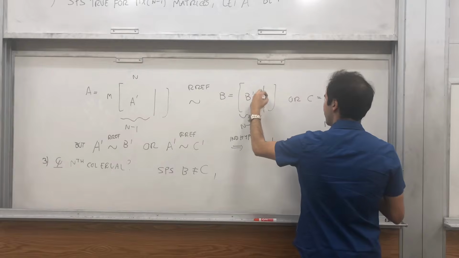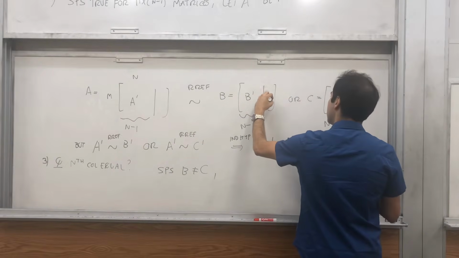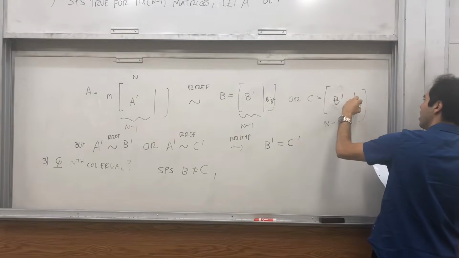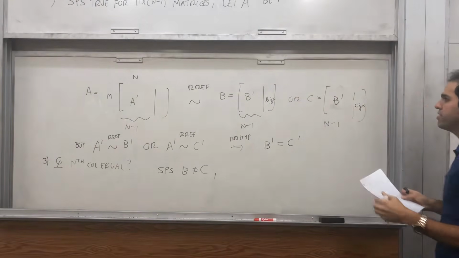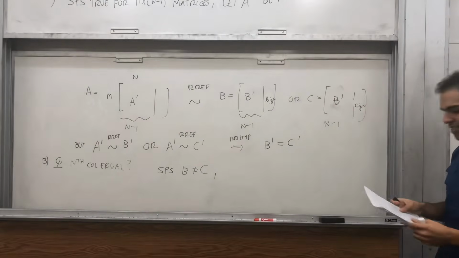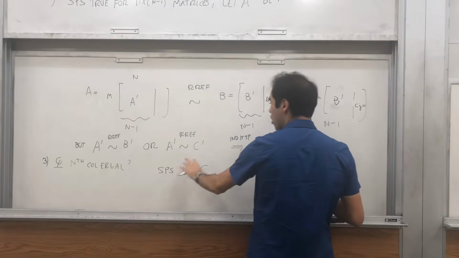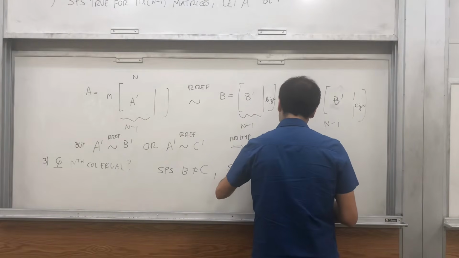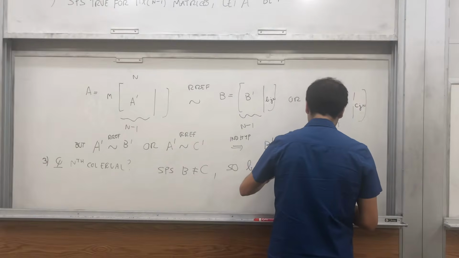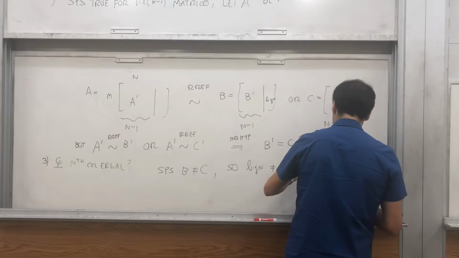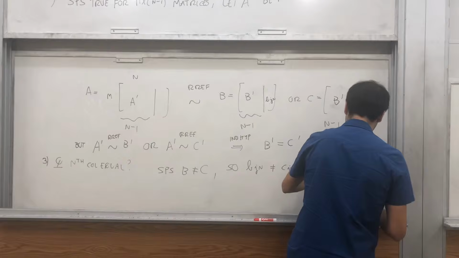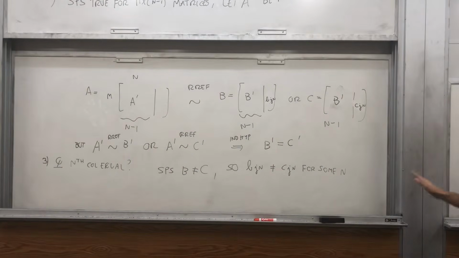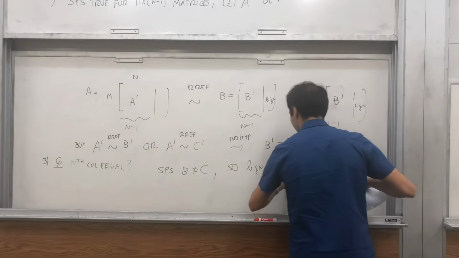So this means if this entry is bjn, there's some entry in the jth row that's not equal to the corresponding entry for C, because otherwise B would be C, because we know that their first n-1 columns are equal. So bjn is not equal to cjn for some j. Okay, that's one thing, and we'll use that in a second.